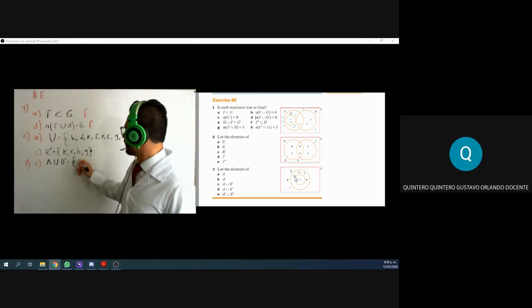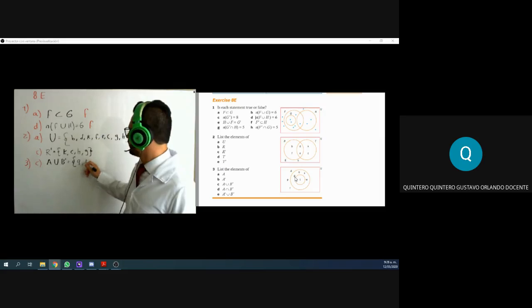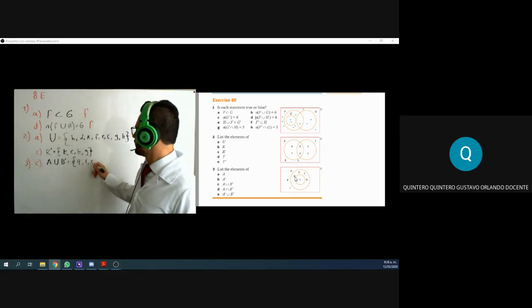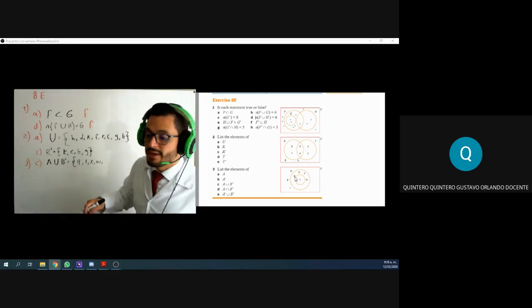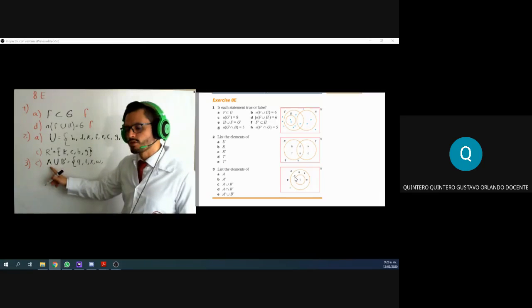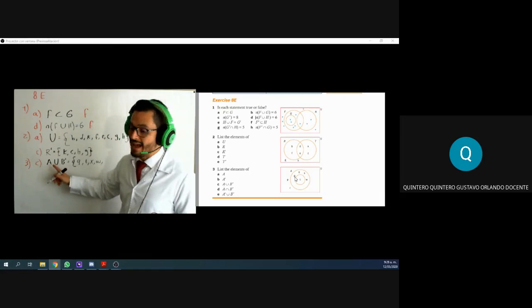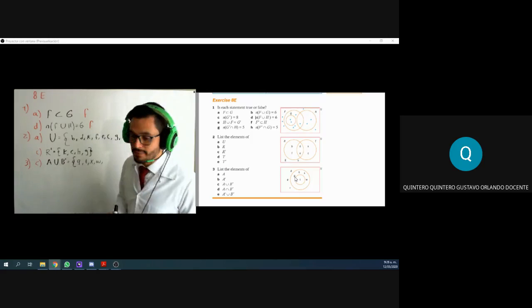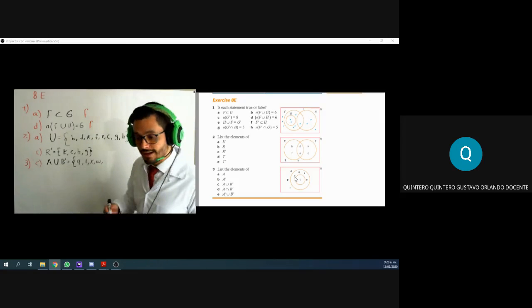Let me write it down. Q, T, X, and W, right? But it is going to include more because over here, I just listed the elements of A. I haven't listed the elements of the complement of B. I'm going to do that right now.